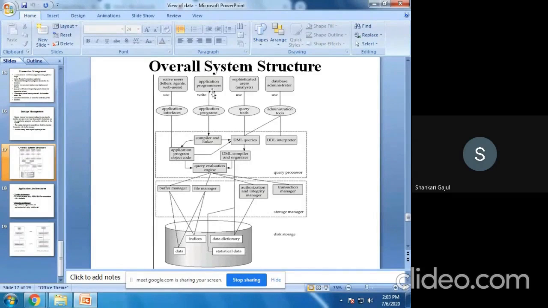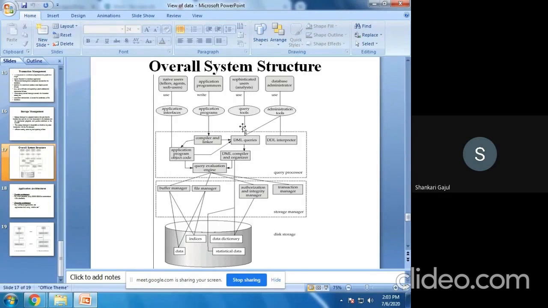So application programmers are professional users. They can write programs for so and so application interfaces. So this is the naive user and this is the application programmer user. And what about the sophisticated users?